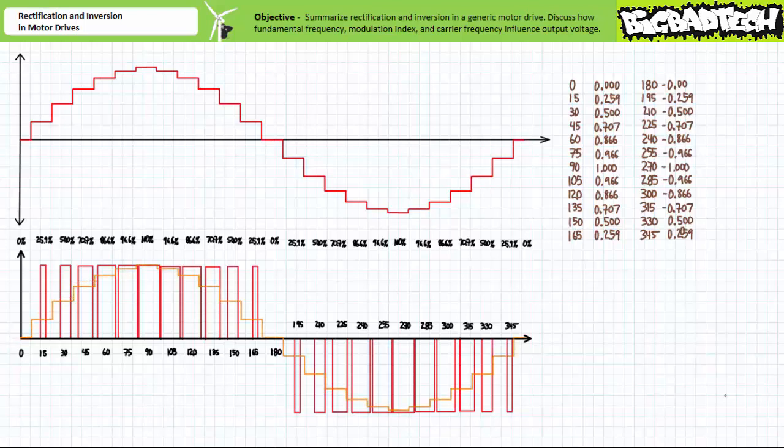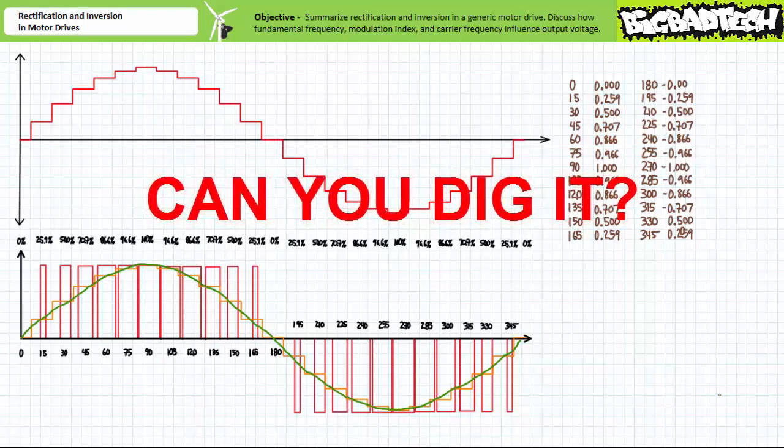Accounting for these average values, we are again left with a digitized version of segmented values that looks something similar to AC. The filtration circuit then cleans up this output significantly by smoothing out the step transitions of average value into something resembling AC. Can you dig what is happening here on every level that I do?